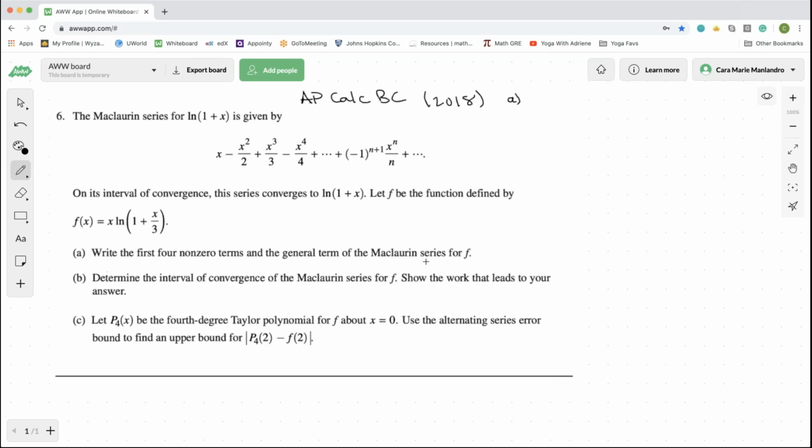So we can just do a function transformation here. We take our first four terms and multiply by x, because the function is multiplied by x, and then we divide by 3, because the argument is divided by 3. So we take x over 3 and multiply through your first four terms.